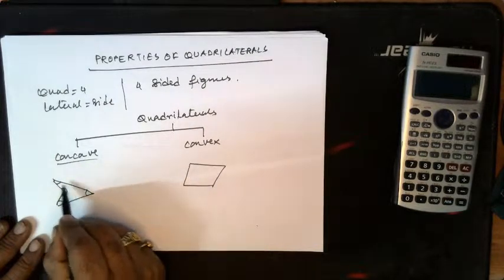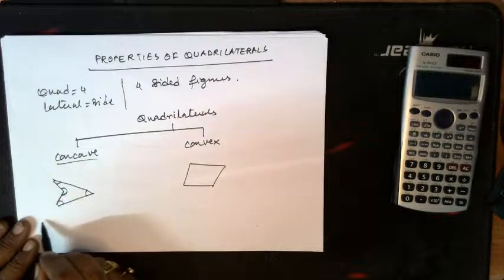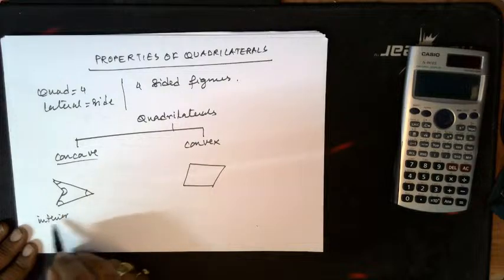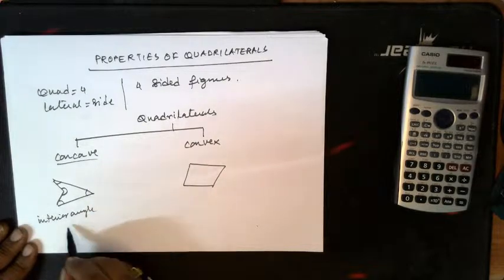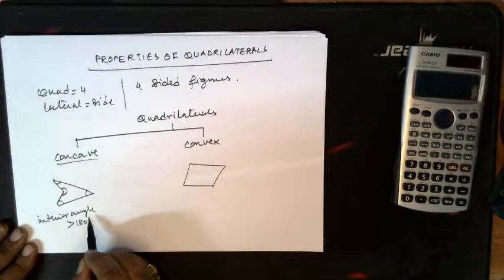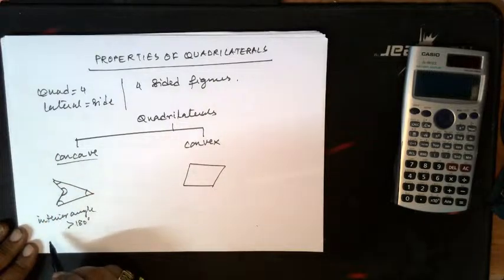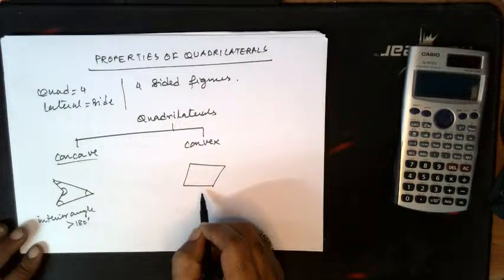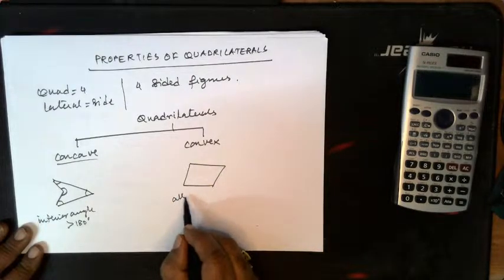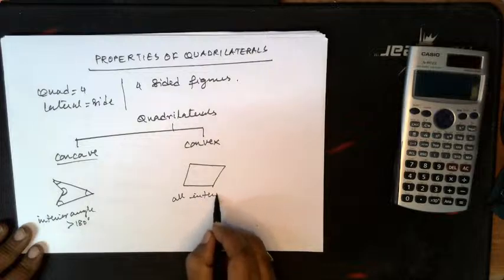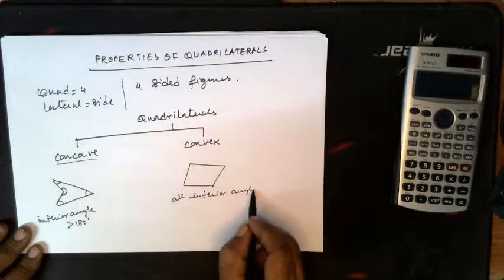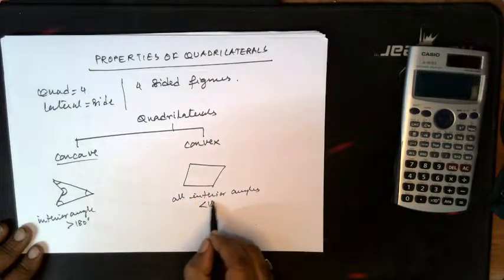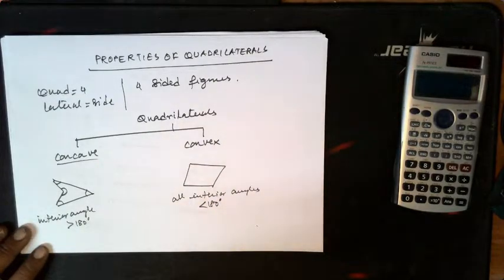So any one of the interior angles is greater than 180 degrees. Here, in the convex case, all interior angles are less than 180 degrees. Are you able to follow?